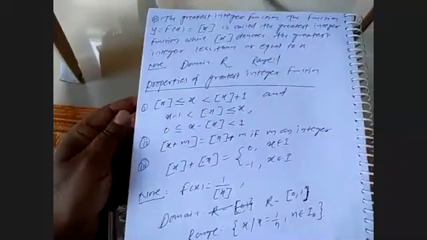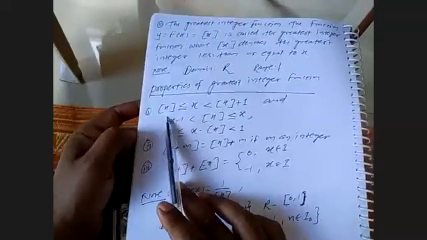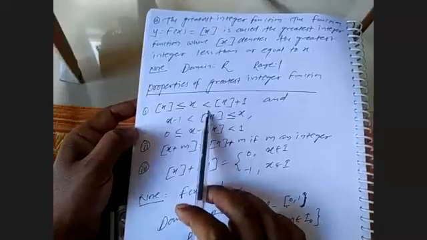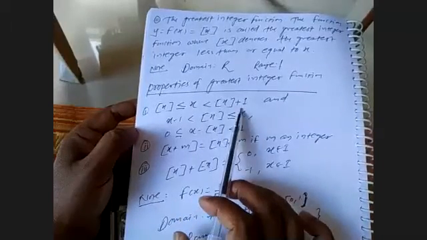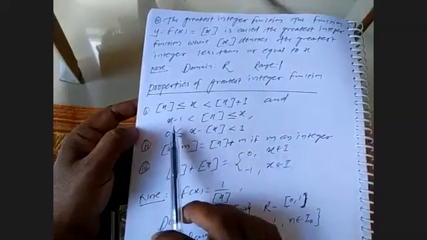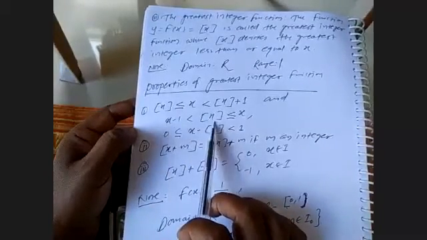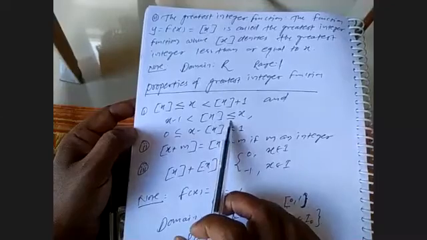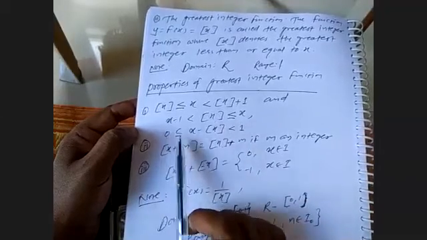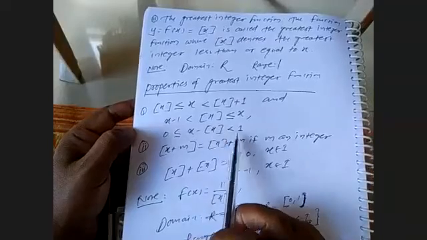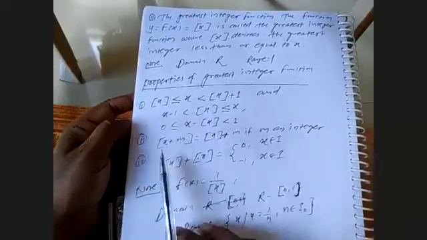Properties of the greatest integer function. The greatest integer function x is less than or equal to x, which is strictly less than x plus 1, and x minus 1 is less than the greatest integer function x, which is less than or equal to x. 0 is less than or equal to x minus the greatest integer function x, which is less than 1.